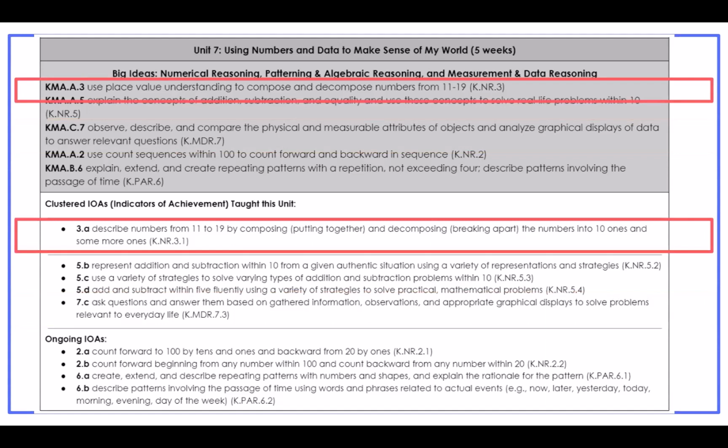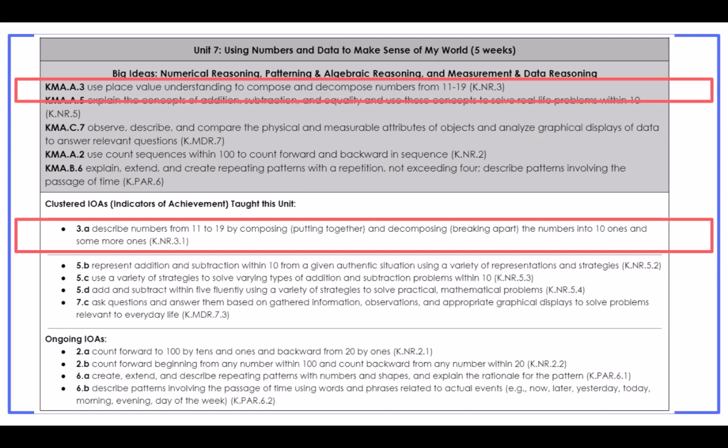AKS 3 was the focus of our previous unit, Unit 6. In this unit, Unit 7, AKS 3 will be revisited in the activating strategies. AKS 3 sets the stage for building a deep understanding of the base 10 number system by composing and decomposing the numbers 11 through 19.